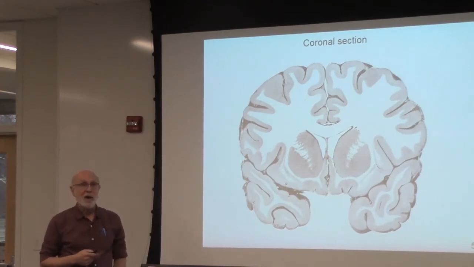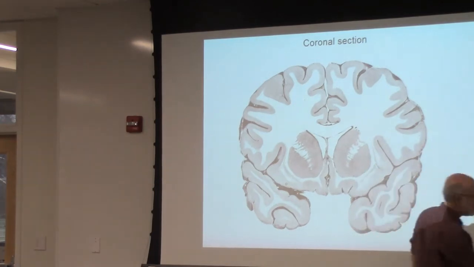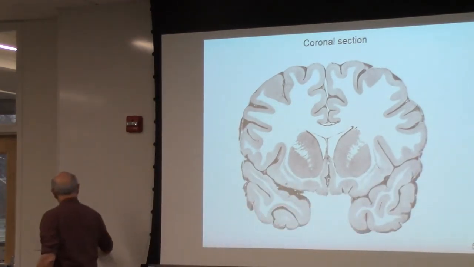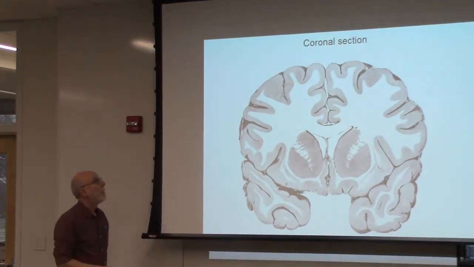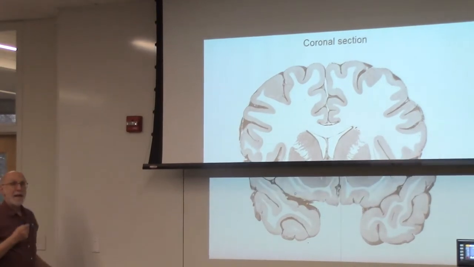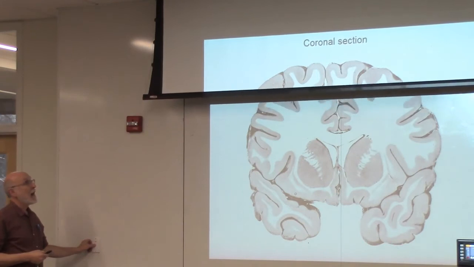Okay, so now we're going to play the game, and I'm going to see what you know. I haven't taught it yet, but let's try this. This is a coronal section anterior to the thalamus.